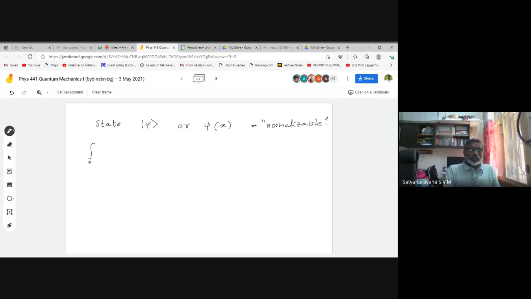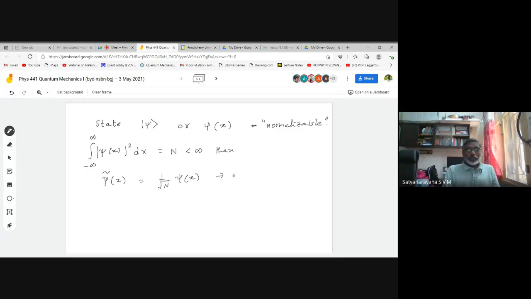Suppose the integral of psi of x mod square dx over the region minus infinity to infinity, for example, is equal to some constant N, which is a finite constant. Then we can write psi tilde of x is equal to 1 over square root of N into psi of x.